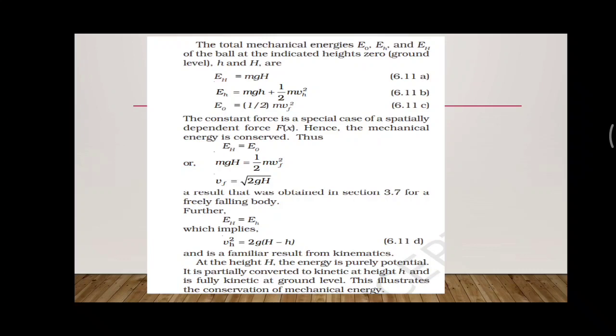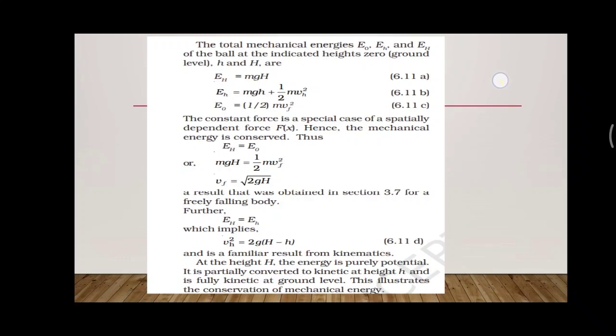That means the total mechanical energy at the height of capital H and the total energy at the height of 0 are equal. The total energy at capital H is equal to the potential energy, because the kinetic energy is 0 at capital H, and at the lowermost portion just before hitting the ground, the potential energy will be 0 and the kinetic energy will be half m Vf square.